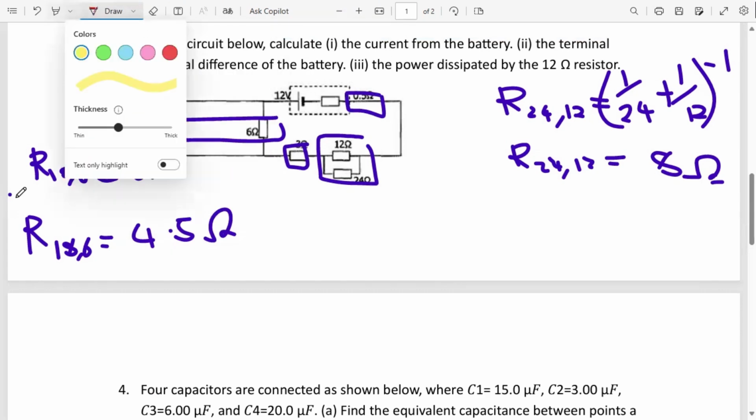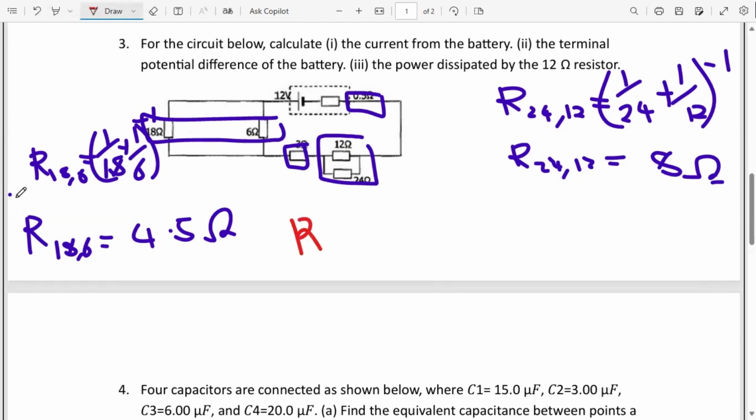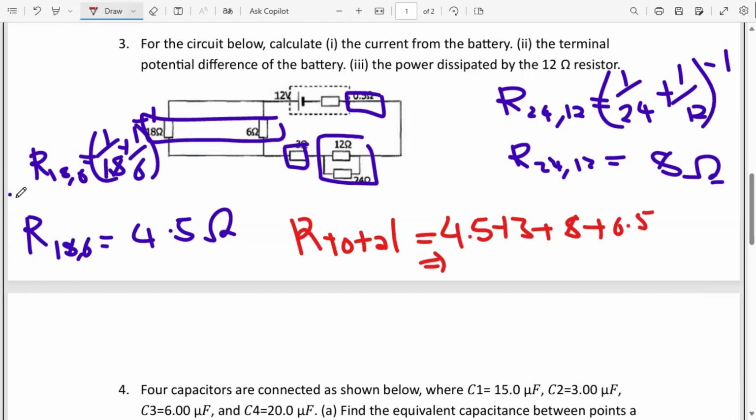R total will be equal to the 4.5, which is on the far left, plus the 3 ohms, plus the 8, which is the combination of the two parallel resistors, plus the internal resistance of the battery, 0.5 ohms. This gives R total equal to 16.0 ohms, the total resistance in this circuit.